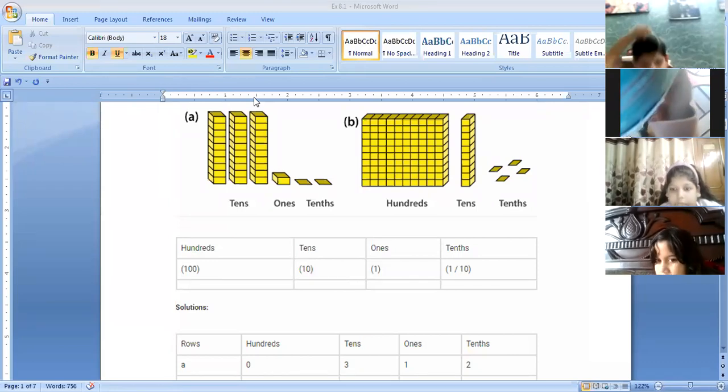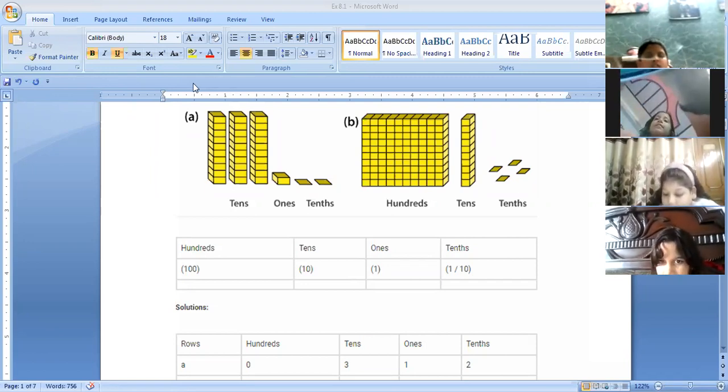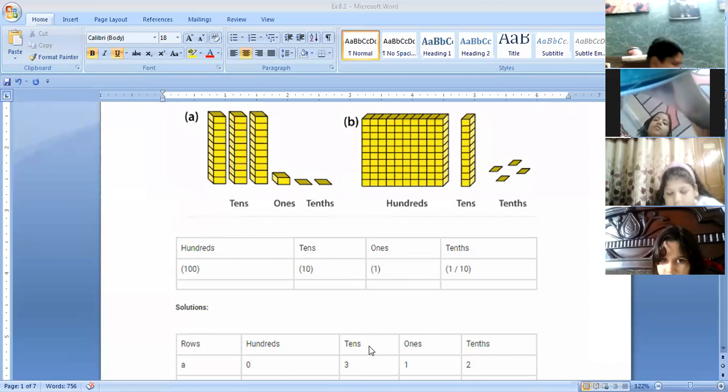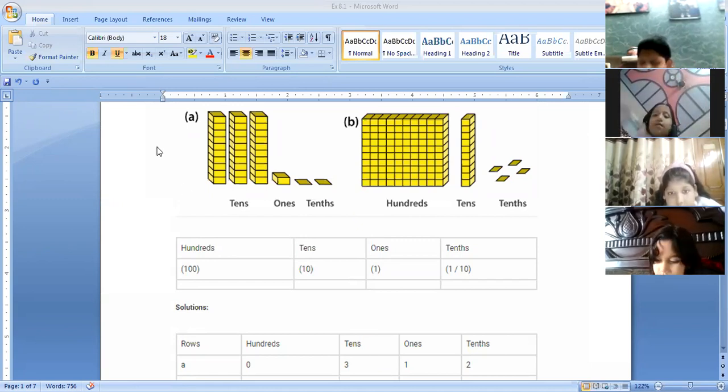That means a tenth is equal to 1 by 10, and a hundredth is 1 by 100. In this table, there is no hundredth place. Only 3 tens place is there, 1 ones place and 2 tenths place. That is 31.2. Yes, Chehak Agarwal, you are right. 31.2.